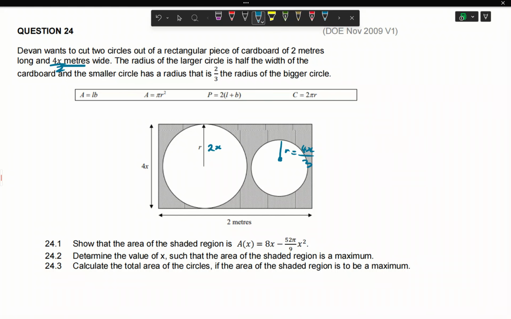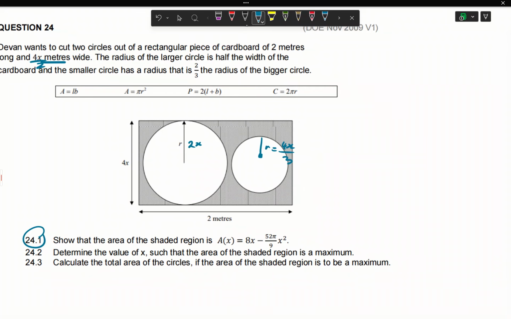Now they say we have to show that the area of the shaded region is given by that. There is a lot that we have to do here. Let's see how we approach this. What if we find the total area of the rectangle?